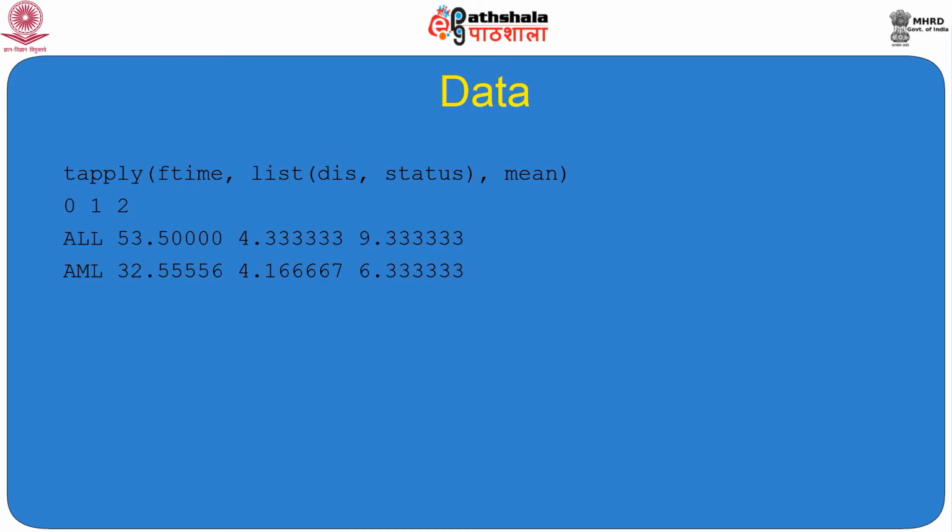Those who did not die in the AML group had a mean follow-up time of 32.55, and those who died due to some other reason in the AML group had a mean follow-up time of 6.33. This needs to be checked before directly applying the cumulative incidence, because if these mean values are not equally distributed in both arms, then it can be noticed that there is a treatment failure in one arm compared to the other. So our main objective is to find out whether the AML group is doing better than the ALL group, where we have the problem of competing risks.